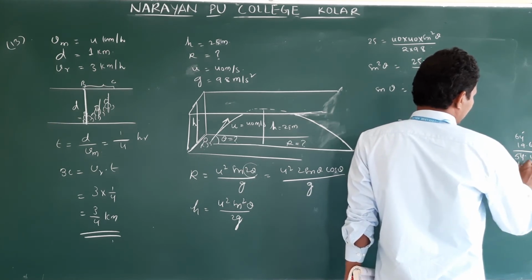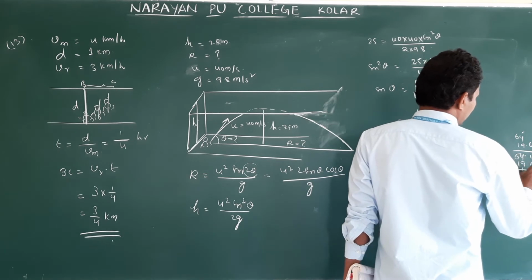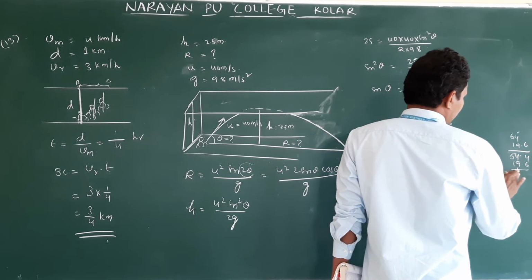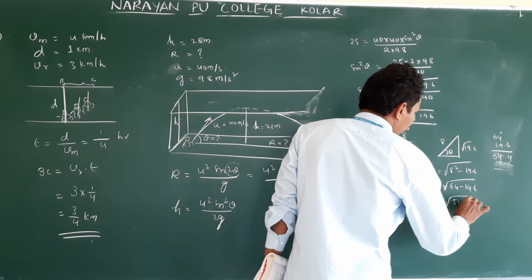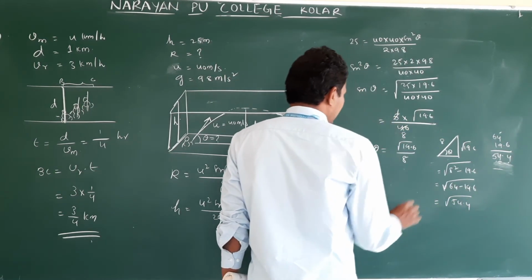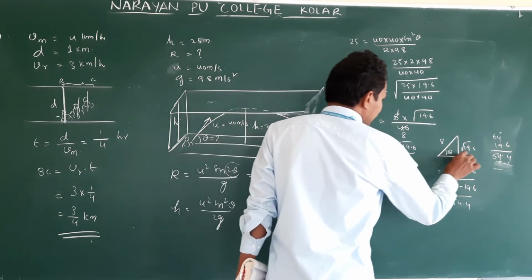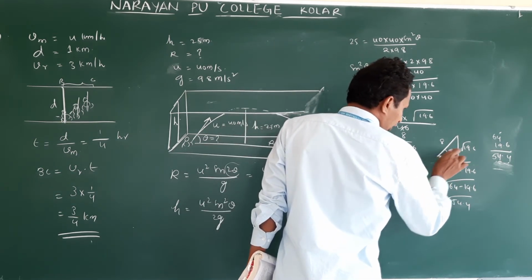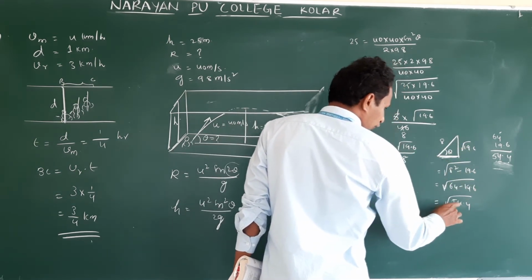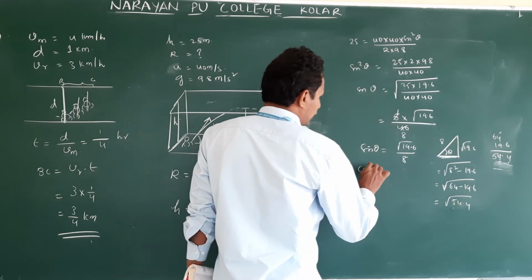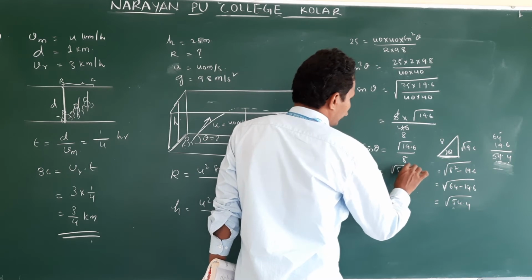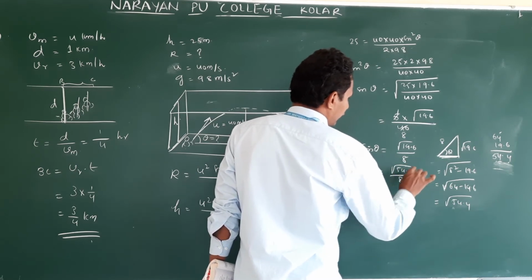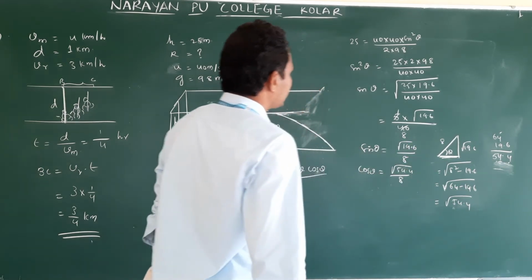If I add this 19.6, then 0, 4, they are right. What is that? 54.4. So then cos theta, how do you write this? Opposite side is root 19.6, adjacent side we got under root of 54.4. So cos theta is equal to under root of 54.4 by 8.